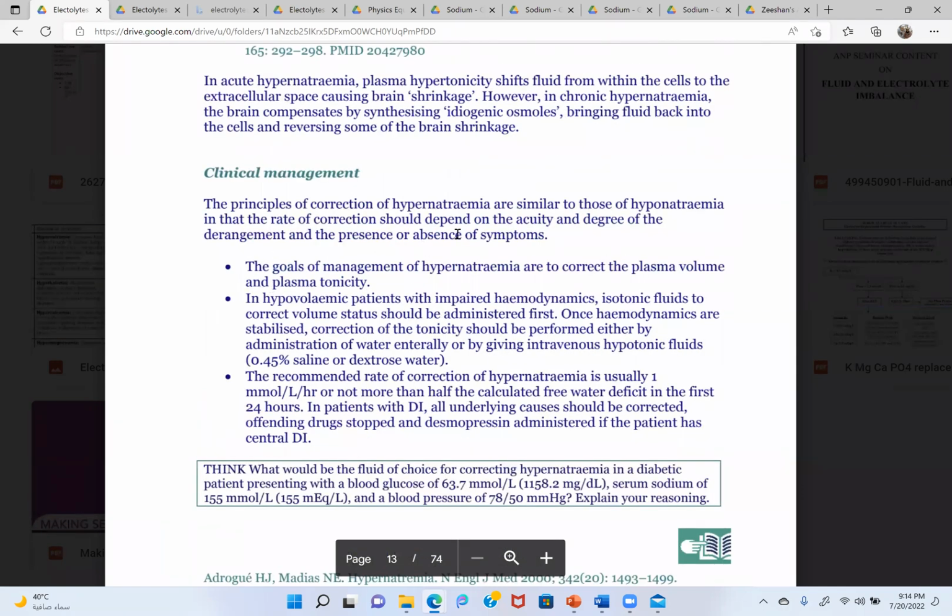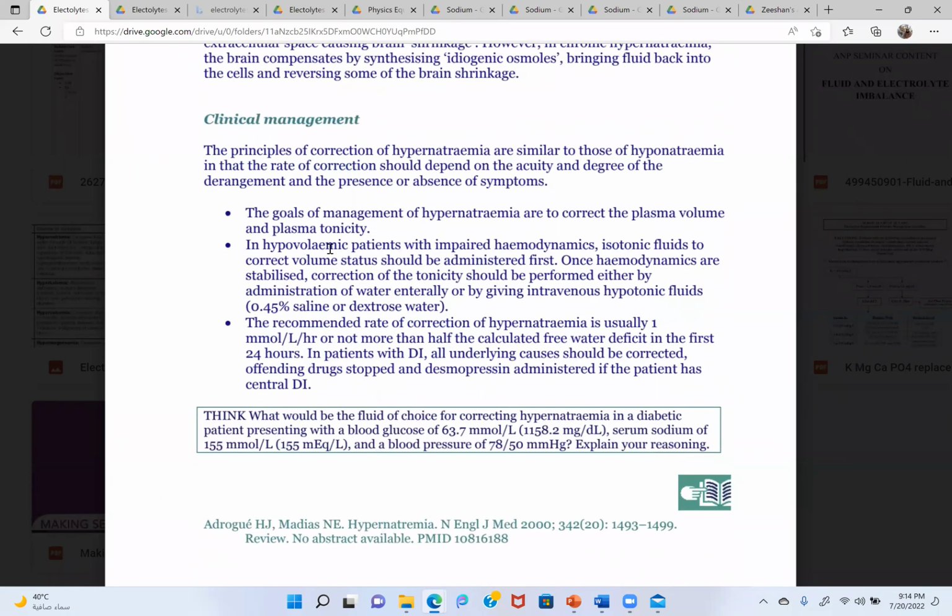So the principles of correction of hypernatremia are similar to those of hyponatremia, and according to etiology it is better. Then you will be calculating the plasma volume and plasma tonicity. In hypovolemic patients with impaired hemodynamics, give isotonic fluids to correct volume status.